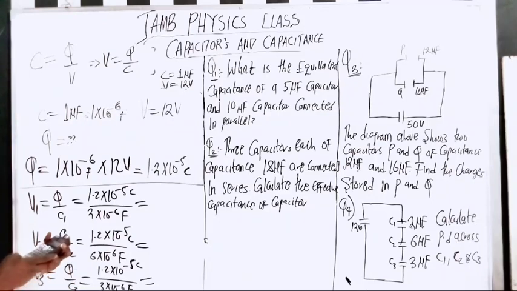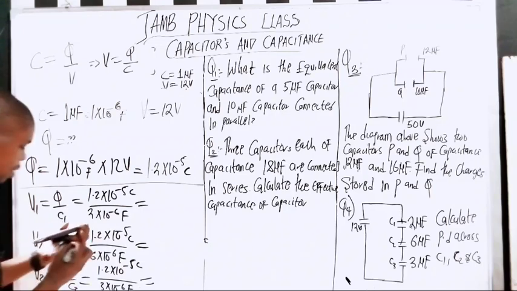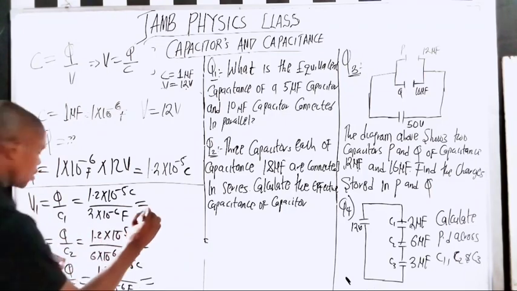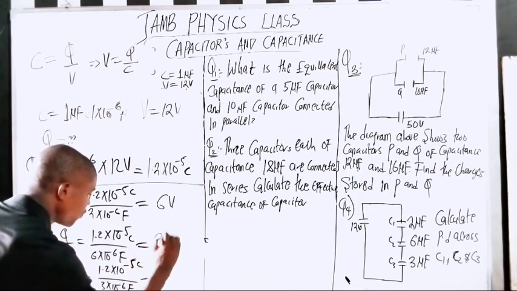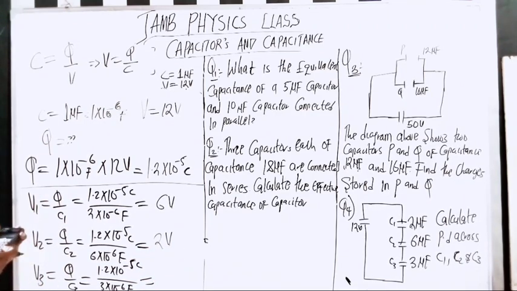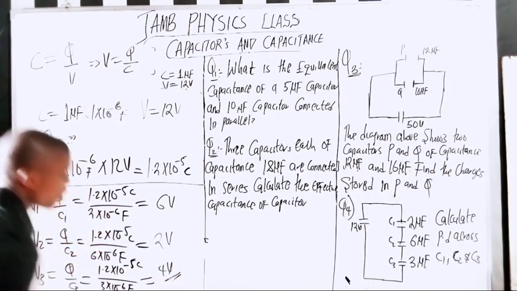Here we have 1.2 exponential minus 5 divided by 2 exponential minus 6, so we have 6 volts. 1.2 exponential minus 5 divided by 6 exponential minus 6 gives 2 volts. And 1.2 exponential minus 5 divided by 3 exponential minus 6 gives 4 volts.